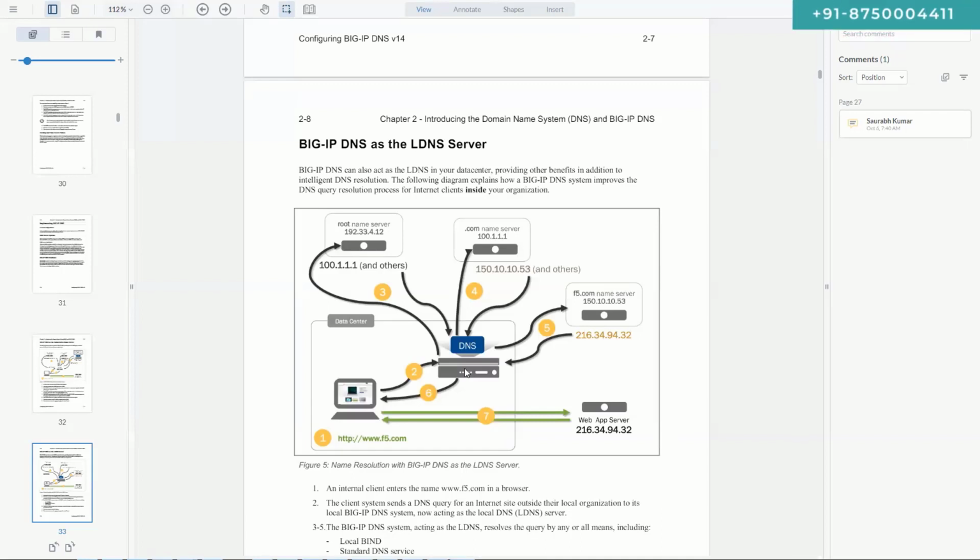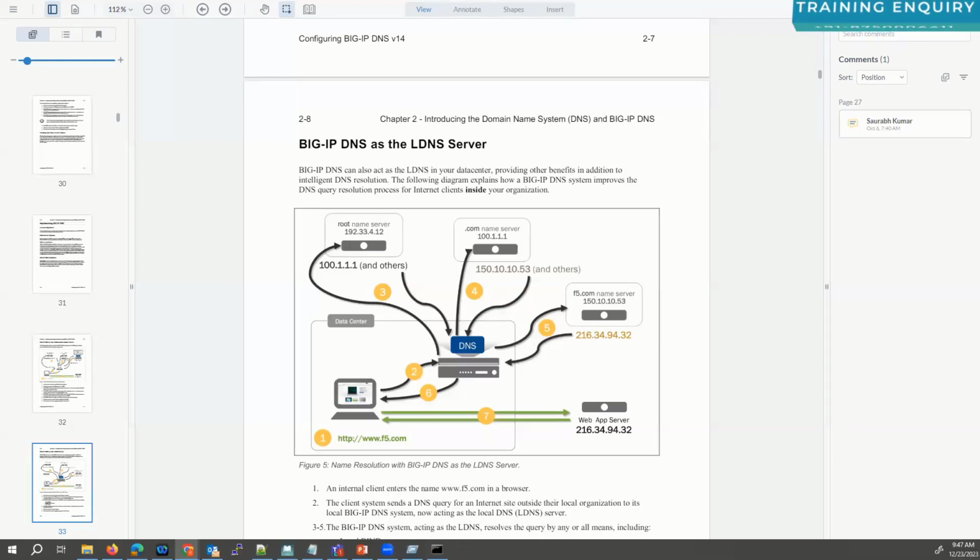We have got some other solutions in the market. I have seen that mostly we are using, let me show you, I just missed that name. Is it Infoblox? Yes, that's right, Infoblox. Nowadays Infoblox is getting more and more popular. I have seen that mostly banks are using Infoblox as an LDNS, local DNS, and F5 BIG-IP is being used as an authoritative server or name server for the external users, the internet users.